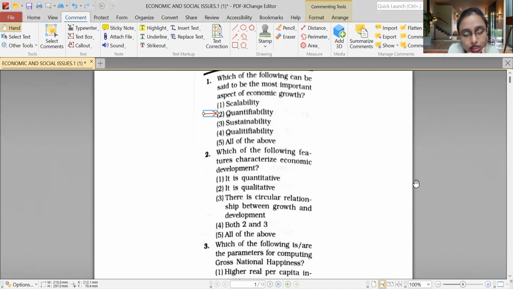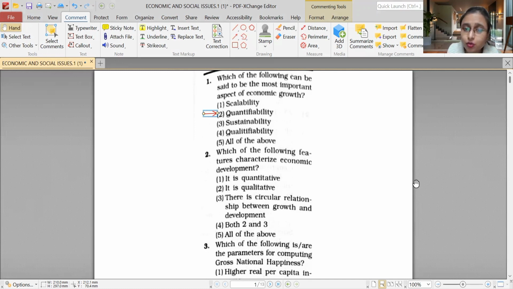Now, let me be very clear with it. Here we are talking of economic development. In the first question, it was economic growth. Now, development comprises economic growth. So quantifiability, that is quantity terms, is definitely a part of it, just as I explained in the first question.